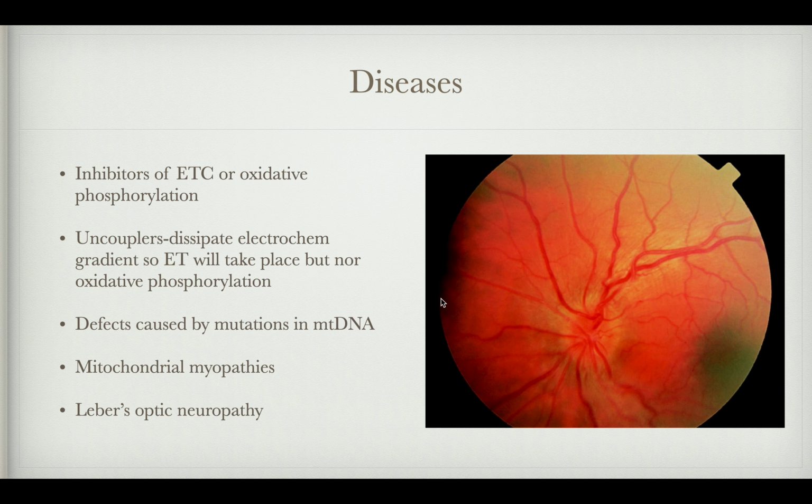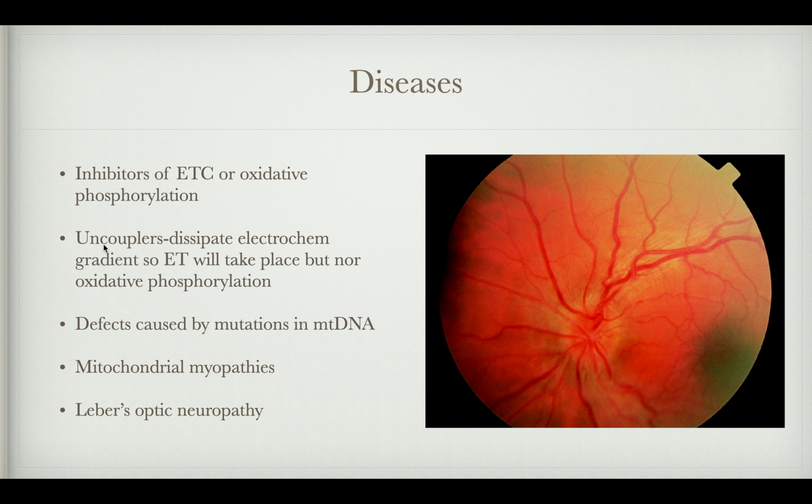Okay, so these are the diseases. Don't look up the diseases that target specifically one part of the electron transport chain, but just know that the diseases are inhibitors of the electron transport chain or oxidative phosphorylation.